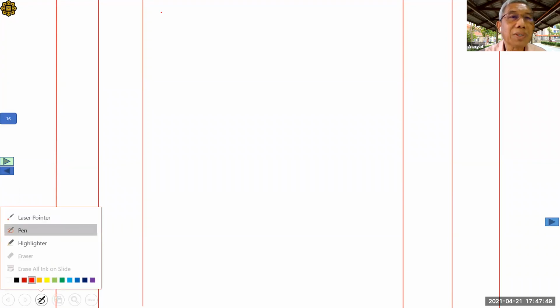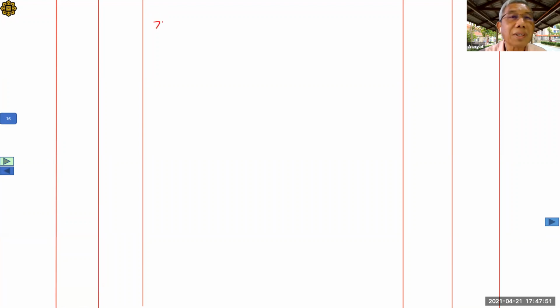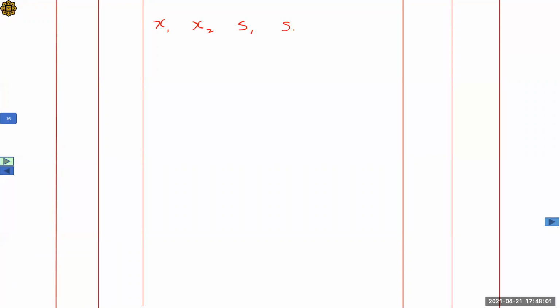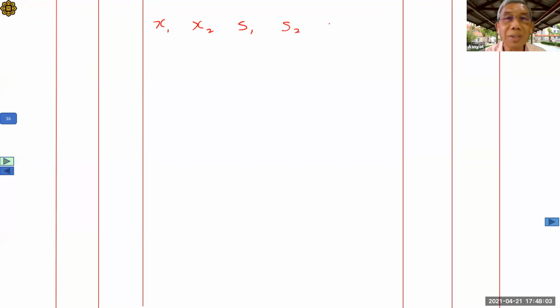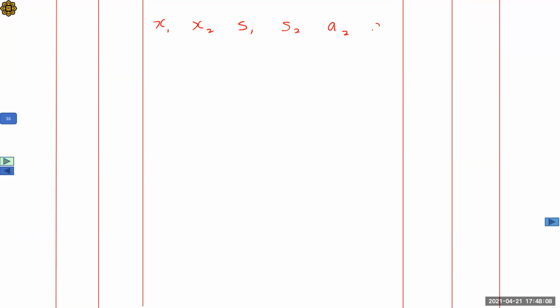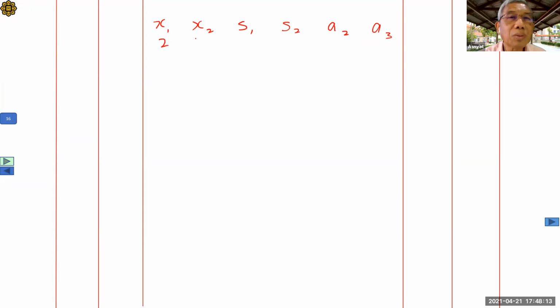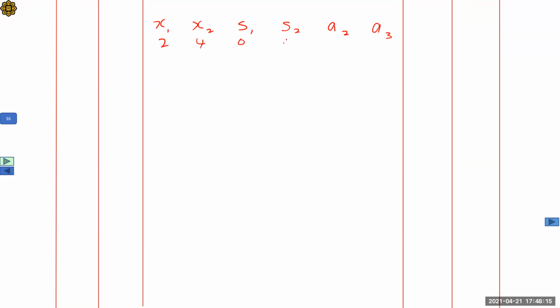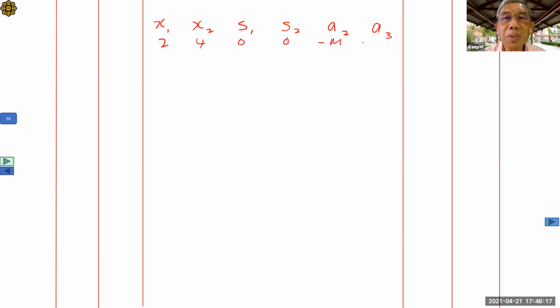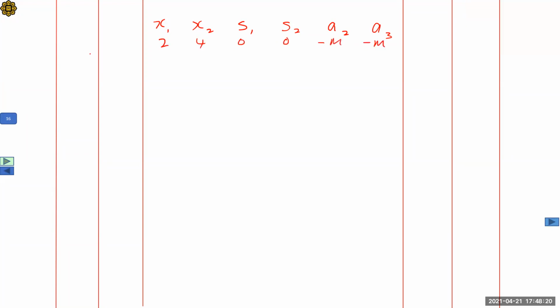Here is X1, X2, S1, S2, A2. You don't have to write this, you just continue because I cannot see. A3. The coefficients were 2, 4, 0, 0, negative M, negative M. Okay. Just don't worry about this.